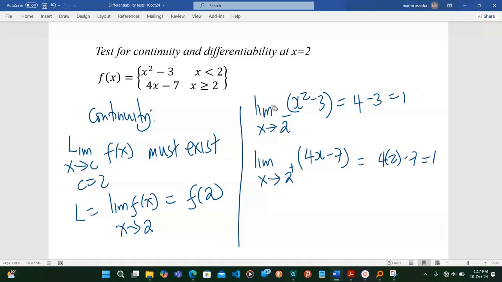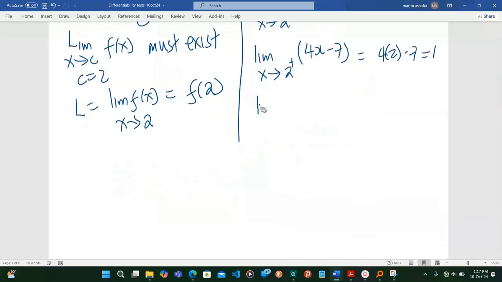So this is showing us that the limit as x tends to 2 from the left hand side of f of x is equal to the limit as x tends to 2 from the right hand side of f of x, which is equal to 1.